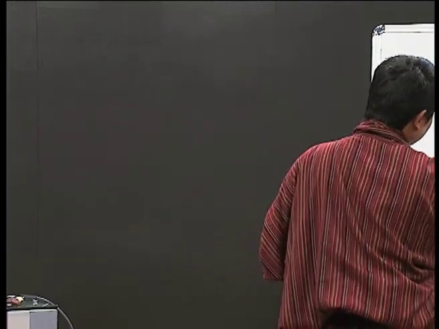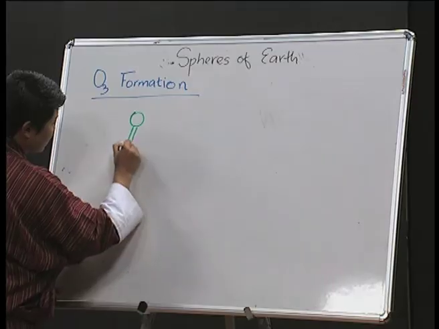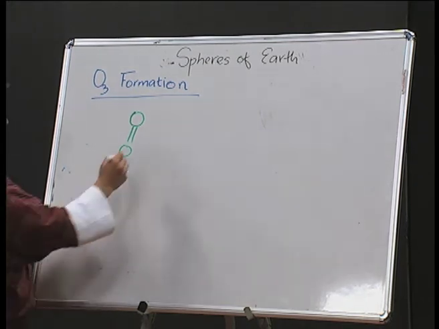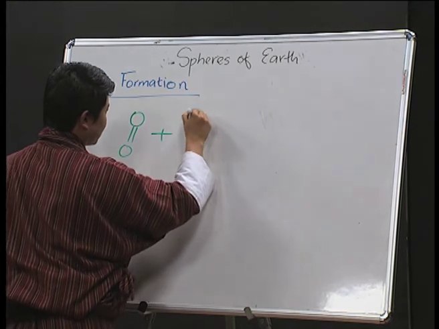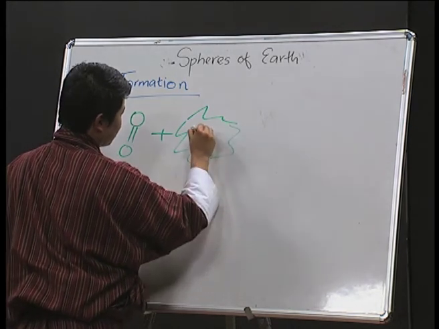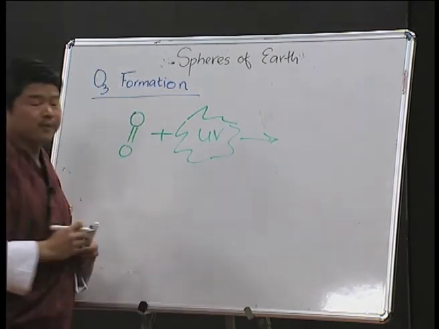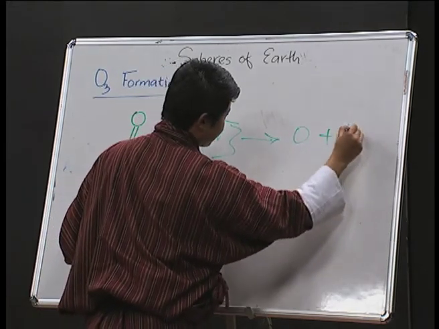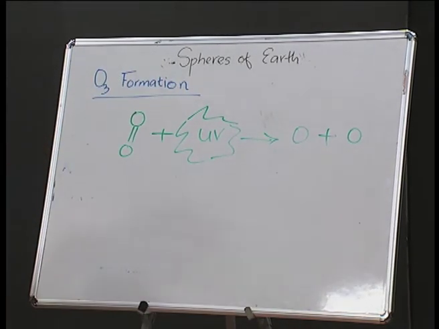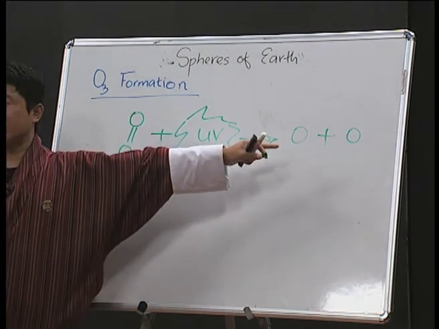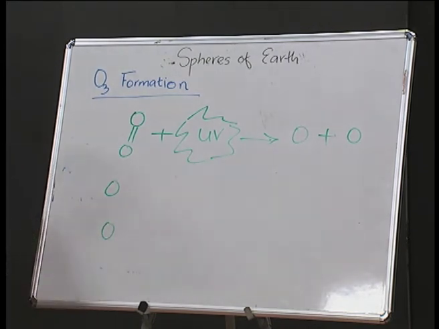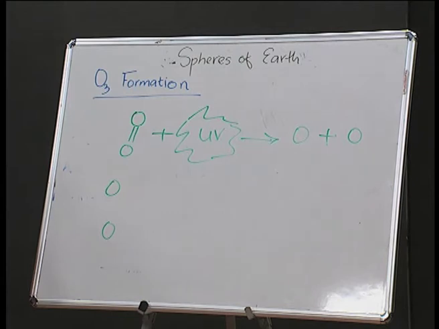Now, this oxygen molecule, in the presence of UV light or ultraviolet radiation, breaks down to individual oxygen atoms. Now, this individual oxygen atom further combines with an oxygen molecule.